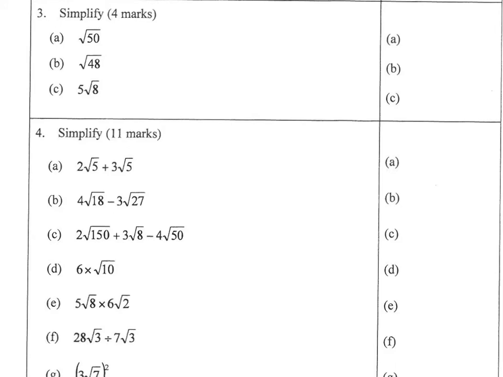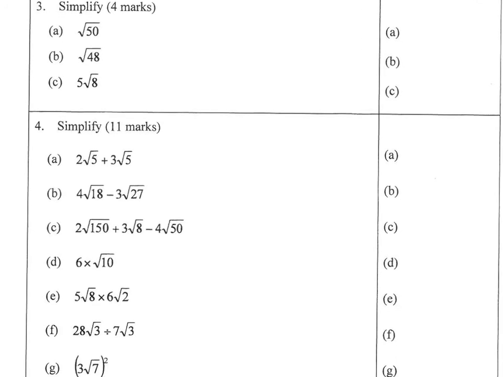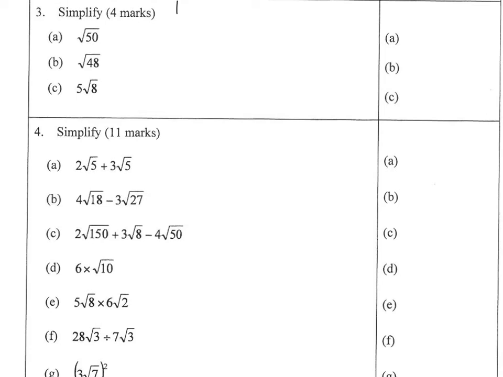Okay, to simplify we need the square numbers. So 1, 4, 9, 16, 25, 36, 49, 64, etc. Okay, so 50, biggest square number is 25 by 2.